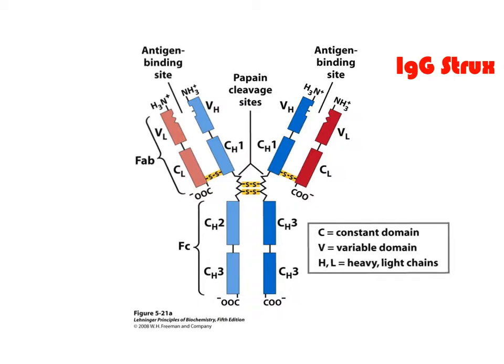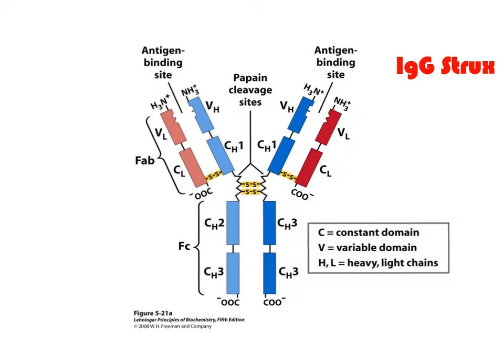Now, the L's and the H's stand for light and heavy chain, which has to do with their molecular weight. The L is a relatively small polypeptide. This one's much larger, so it's the heavy chain. For the IgG and IgE and some of these, they look like this quote-unquote Y shape. They're held together by disulfide bonds. The disulfide bonds occur between what amino acids? Cysteines.